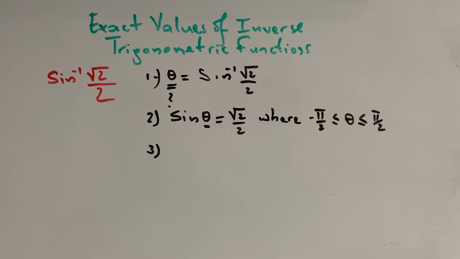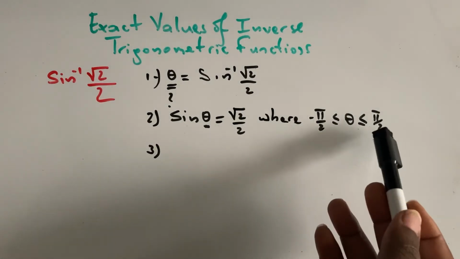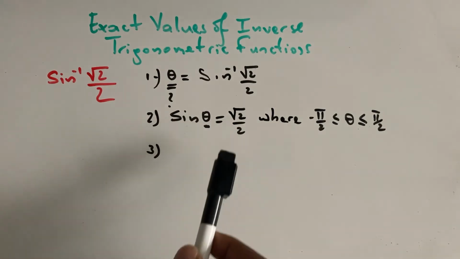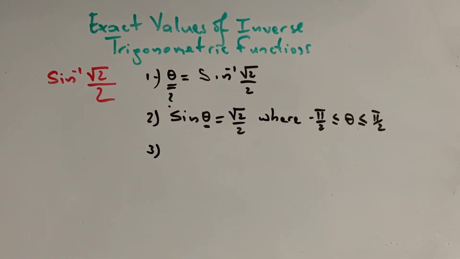Step 3 is for you to refer to one of my videos in which I show you how to memorize the standard trigonometric values for the standard angles. In this case, try to remember or check the table to see which angle between negative pi over 2 and pi over 2 would have a sine of square root of 2 over 2.